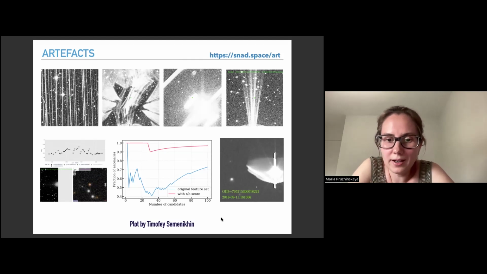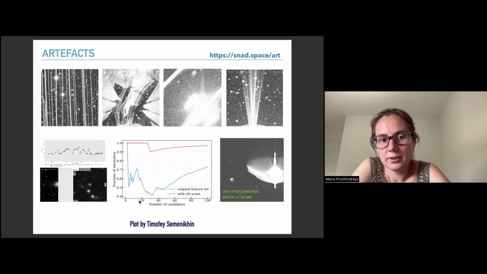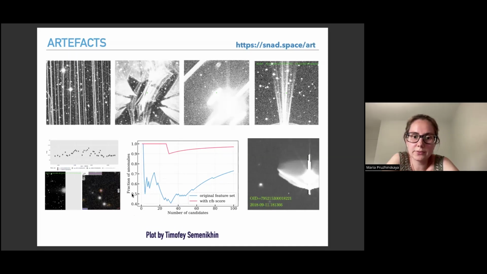So that's why in SNAD we developed the real bogus classifier, and we use the results of this real bogus classifier as an additional feature for our active anomaly detection approach. So here you can see how it works. This is again the fraction of anomalies depending on number of candidates.